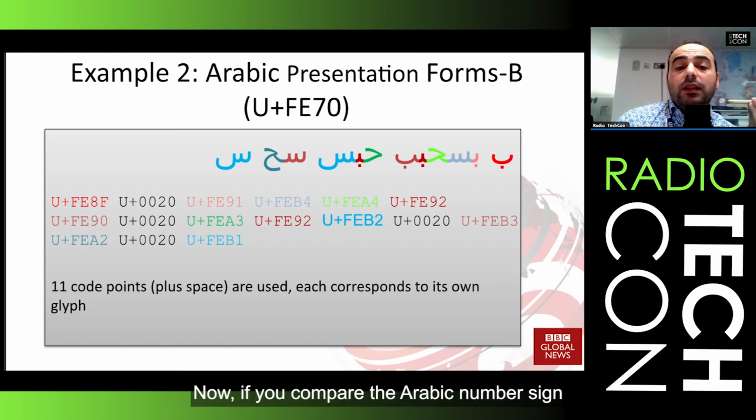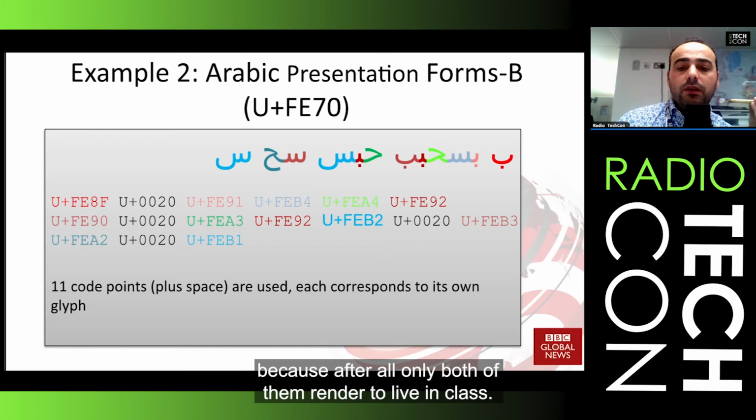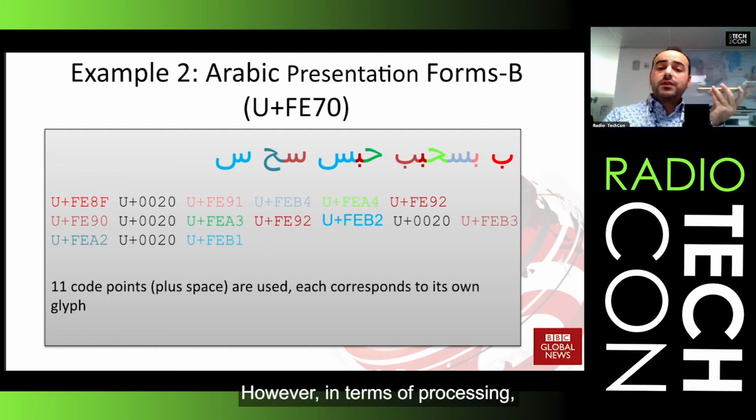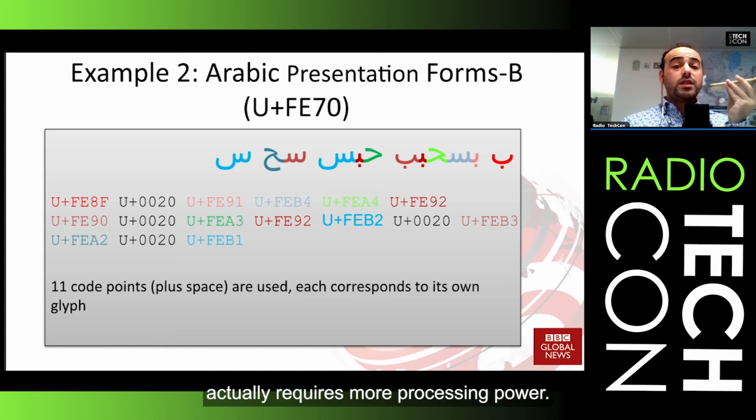Now, if you compare the Arabic number sign with the Arabic presentation forms, in terms of memory, they're not really much different because, after all, both of them render 11 glyphs. However, in terms of processing, this is where the challenge comes, because the Arabic number sign requires more processing power.